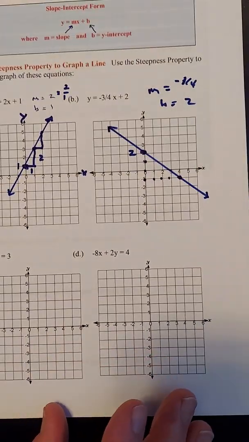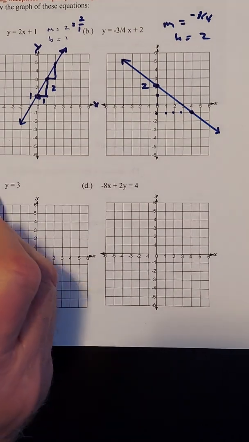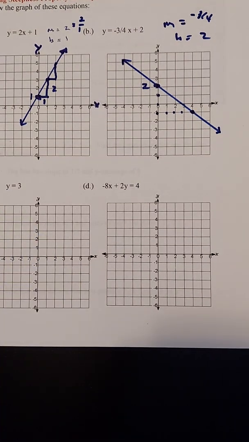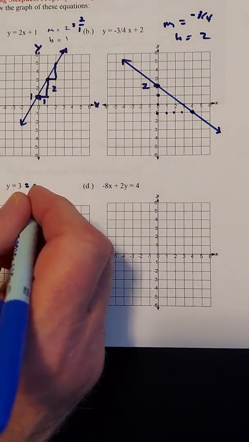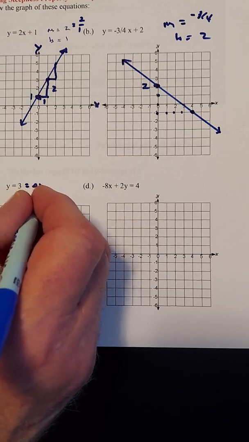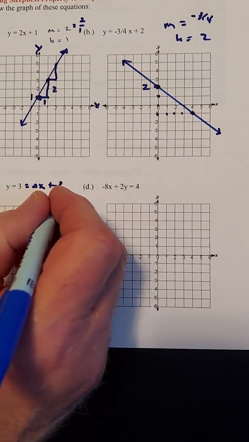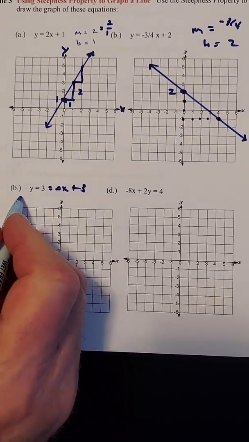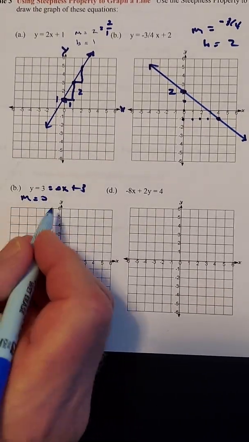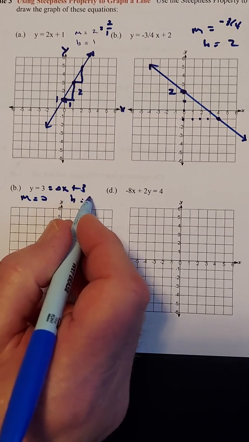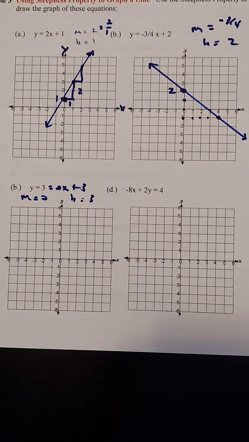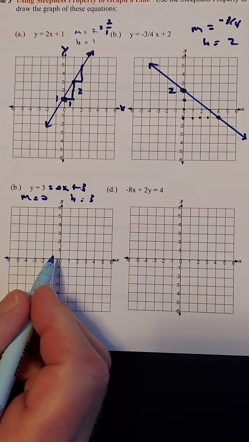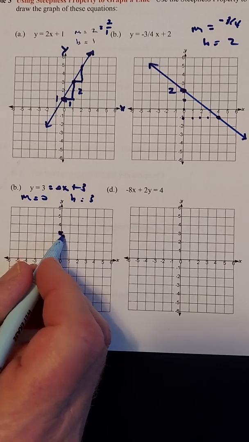Okay, going down to my third example. Now, y equals 3. Now remember, you could think of that as 0x plus 3. Remember I did that on the other page? Same problem really. But now you know your slope is 0 and your intercept is 3. So on the y-axis, we're going to find the 3.